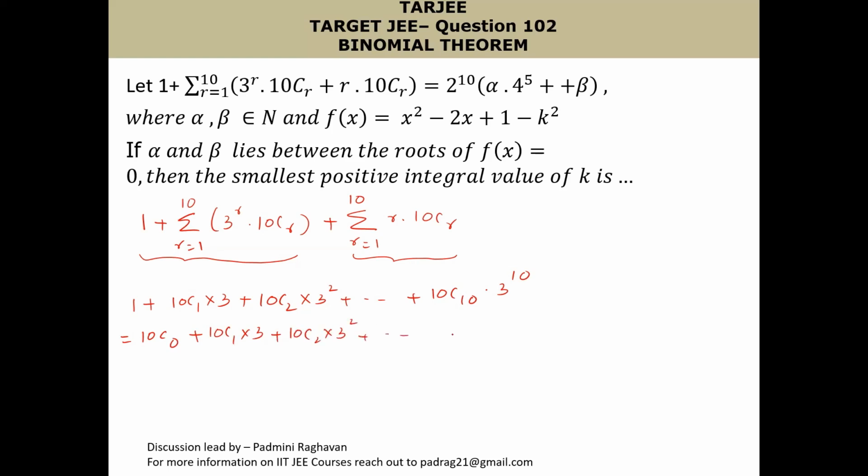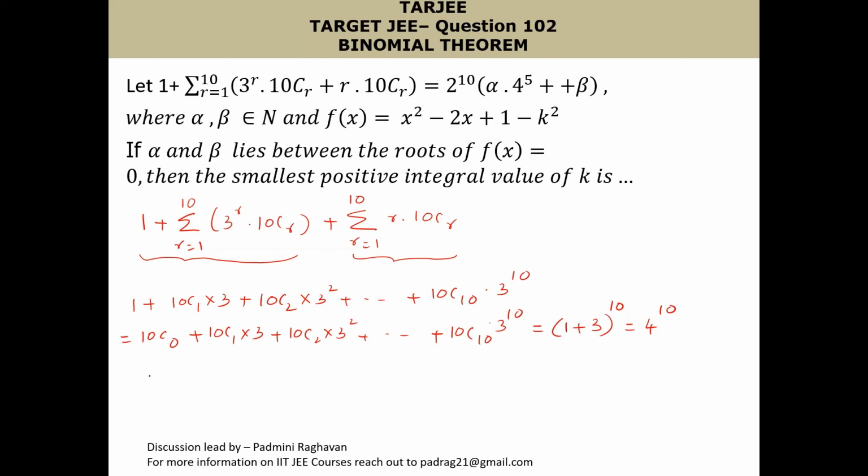The last term is 10c10 3 power 10. This looks like 10c0 plus 10c1 into x plus 10c2 into x square etc. 10c10 x power 10, which is 1 plus x whole power 10. But in the place of x we have a 3, so it becomes 1 plus 3 whole power 10, which is equal to 4 power 10.